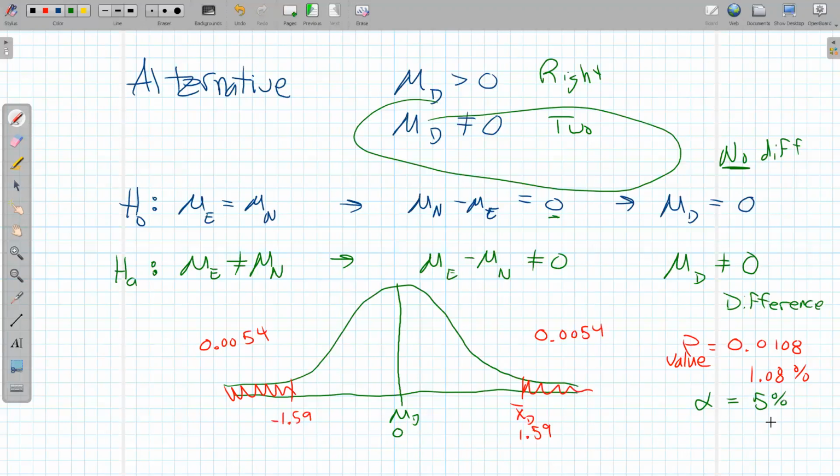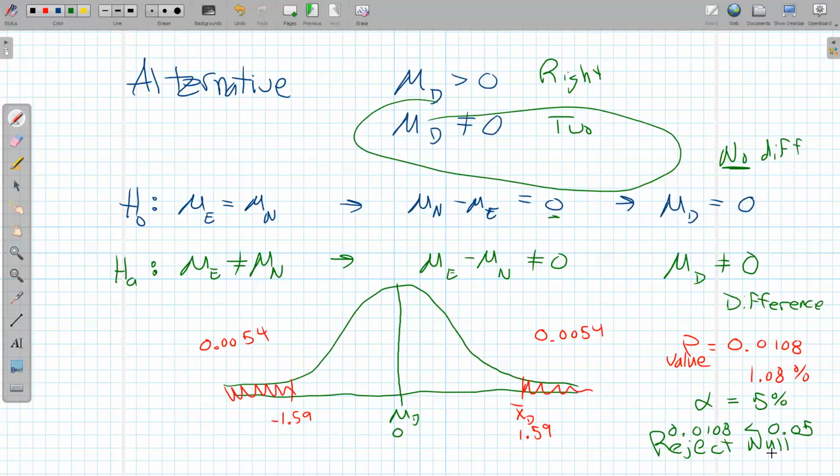So unless it said, hey, use a 1% level or a 2% level or a 0.5% level, we go for a 5% level. And my p-value, 0.0108, is definitely smaller than 5%, 0.05. So then my decision should be reject the null hypothesis. Reject null.